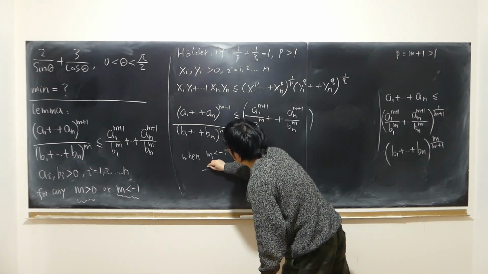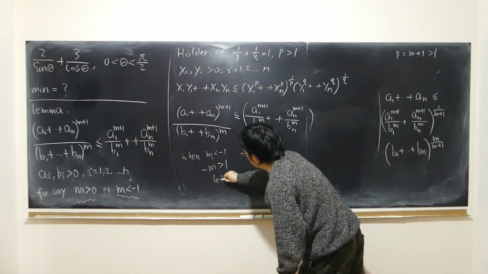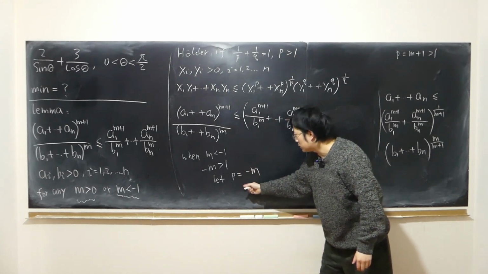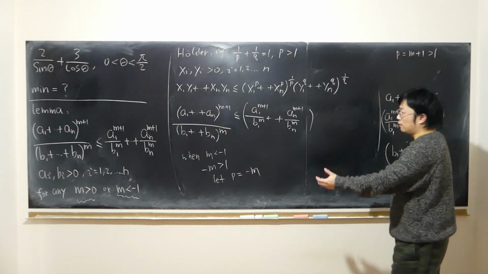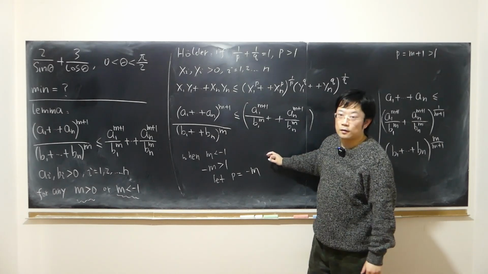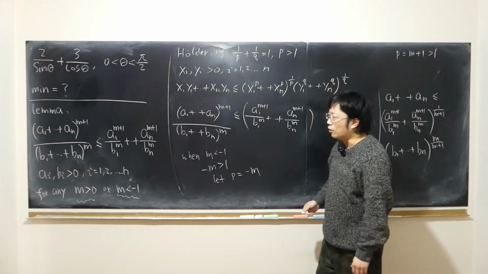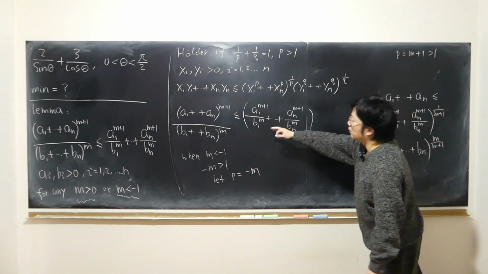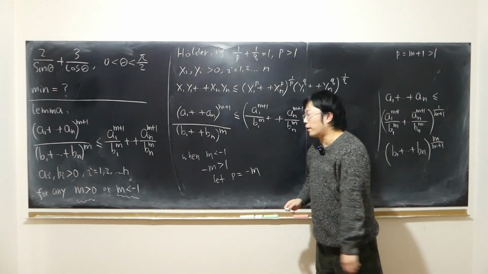So that means negative m is greater than 1. Then we let p equal negative m. So in this case, this condition is satisfied, and then we use a similar technique. I'm not going to dig into the details, but it is almost exactly the same technique, and you can finally reach the same conclusion, just changing the direction of the inequality somewhere.